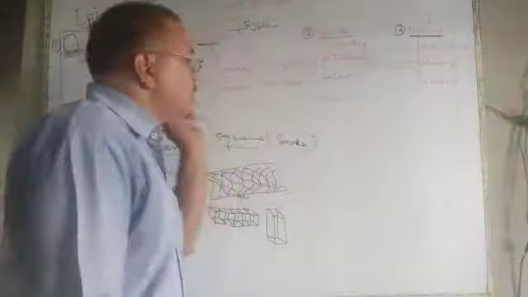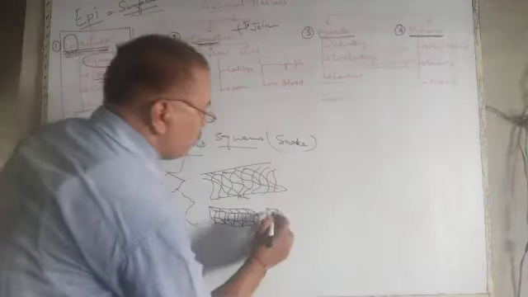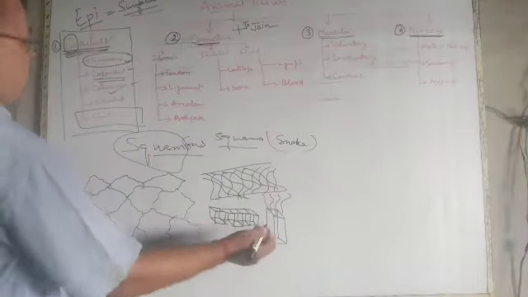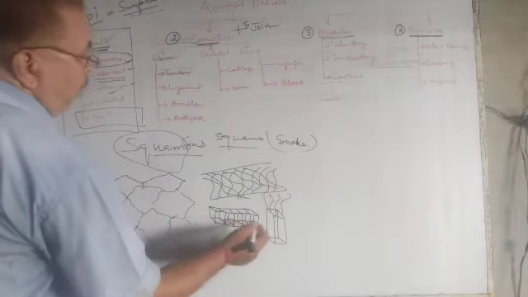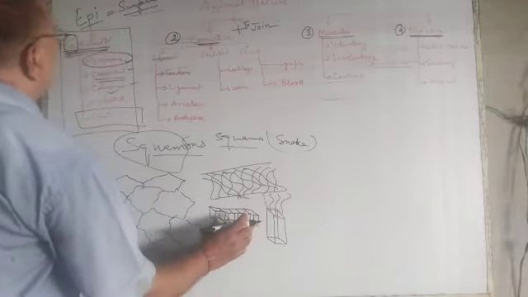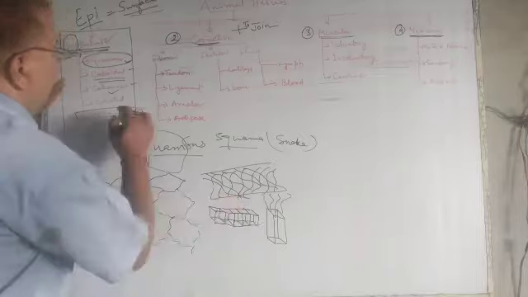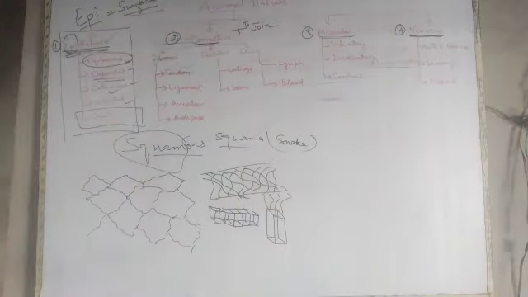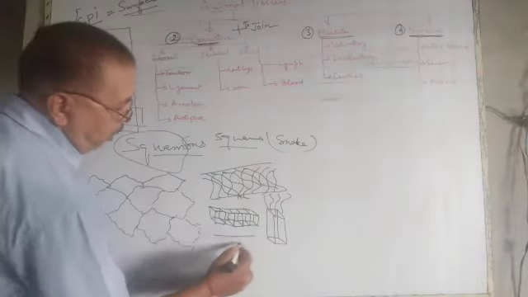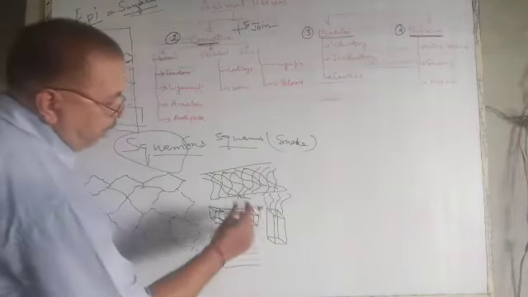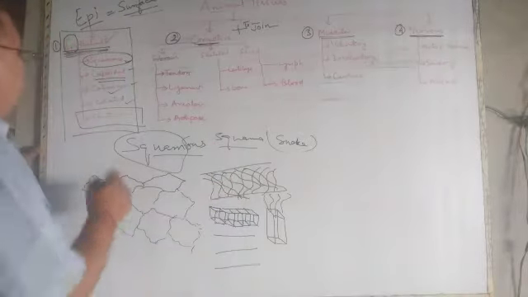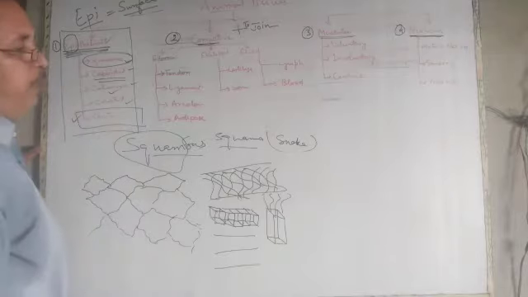When hairs grow on cuboidal or columnar epithelial tissues, they are called ciliated epithelium. And sometimes there is one layer, then one more layer, then one more layer. When they are present in different layers one above the other, we call them stratified epithelium.